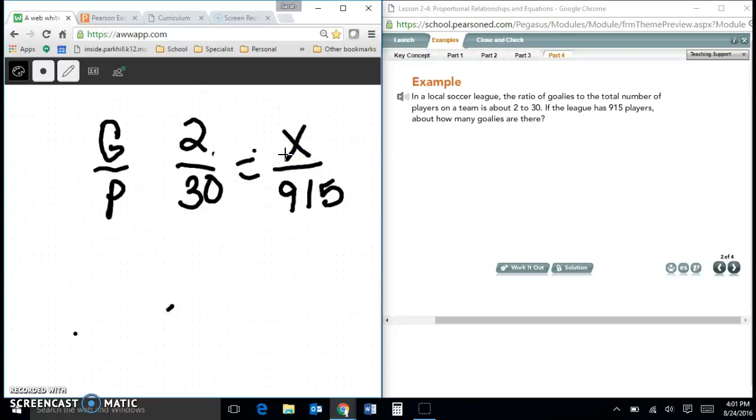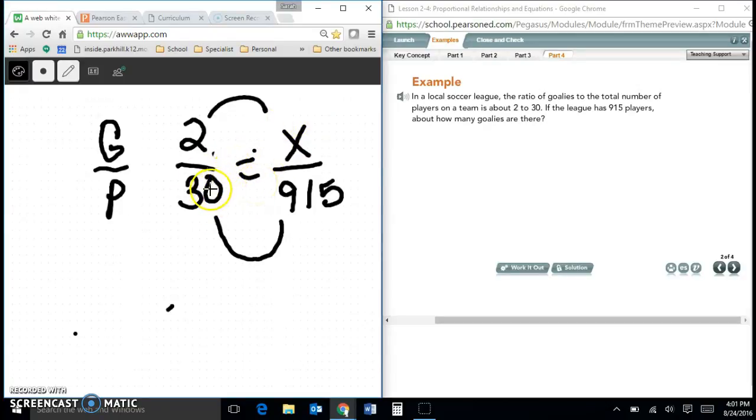Okay, so we've done a lot of talking about, is there something nice that I can multiply by 30 to get me 915? And if there were, I could multiply that by 2 and that would be done. But this one's a little bit messier to think about. So what I would do is just use some cross multiplying. And this always works. It's a beautiful thing.